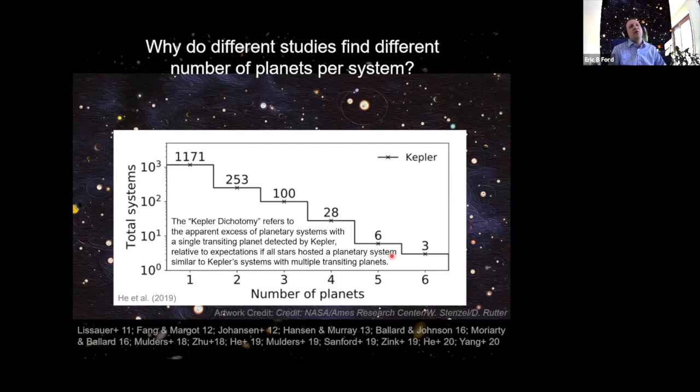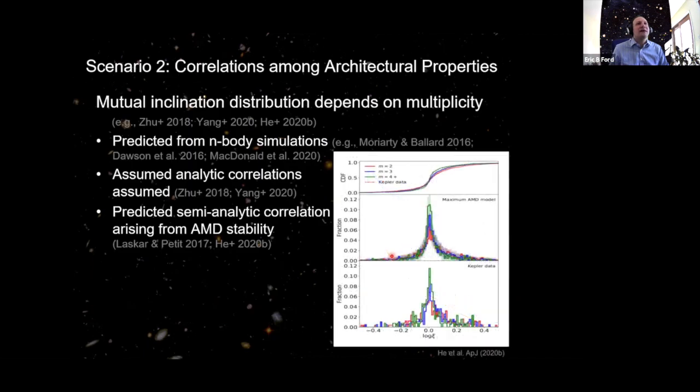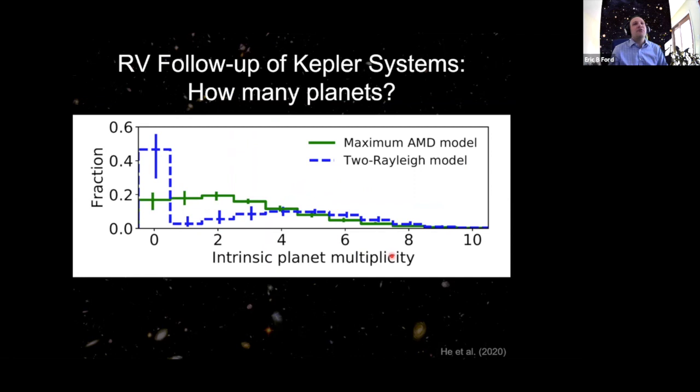And so we now are able to say that we can model the distribution of number of planets per system as a variety of possibilities that involve either some fraction of stars having high multiplicity systems and roughly half of stars having no interplanetary system, or fewer planets per system but a much broader distribution.